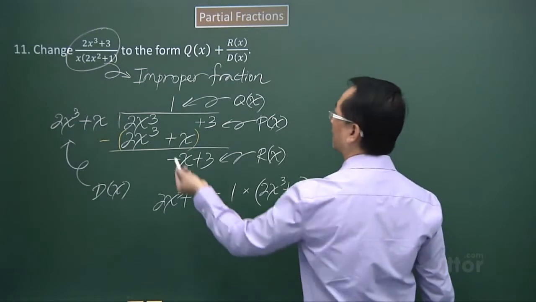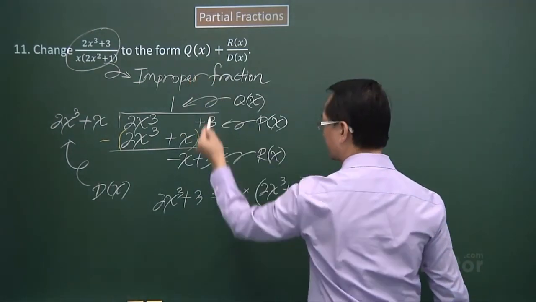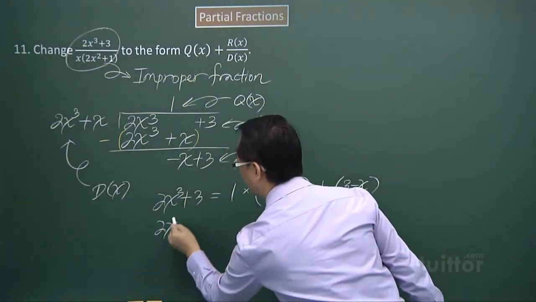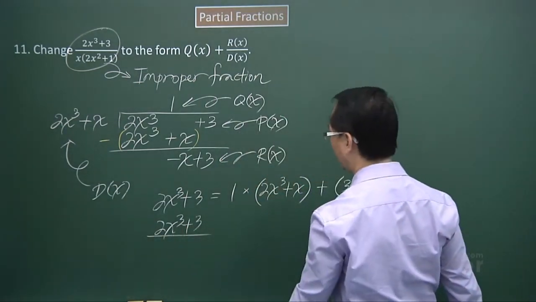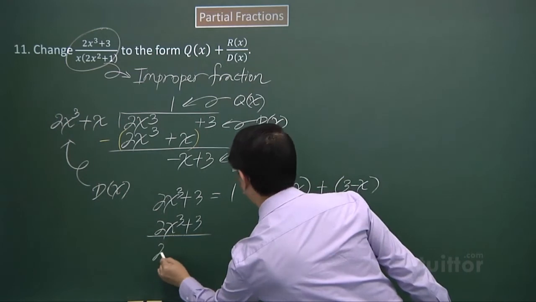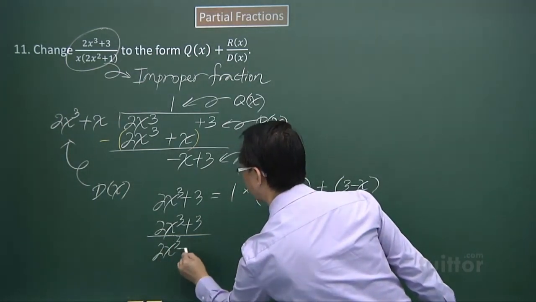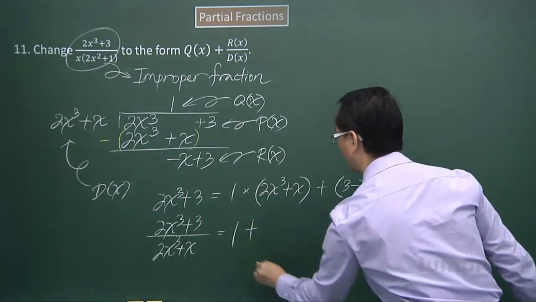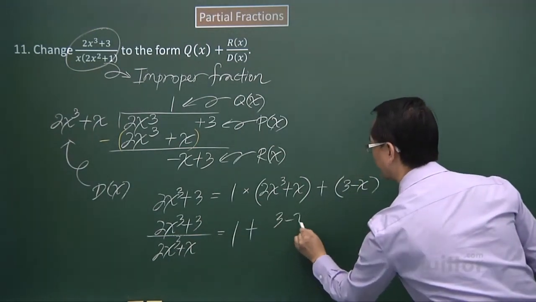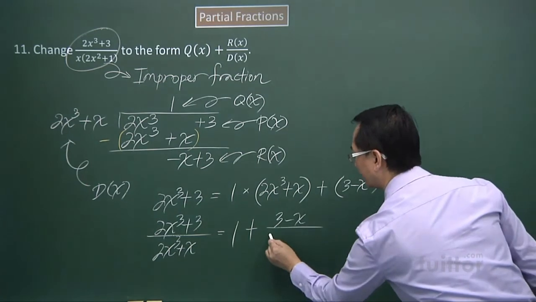But I want the quotient here, so the dividend must be divided by the divisor, so that I have 1 plus 3 minus x over the divisor.